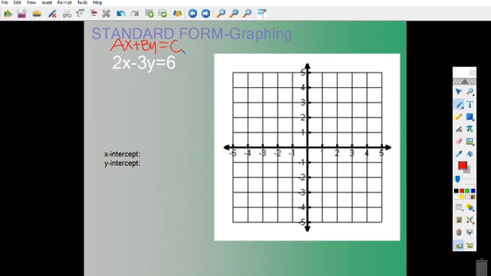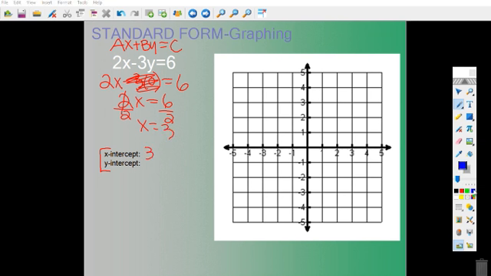We need to solve for our intercepts. So let's solve for the x-intercept. I get 2x minus 3 times 0 equals 6. Those go away. 2x equals 6. Divide by 2. X equals 3.